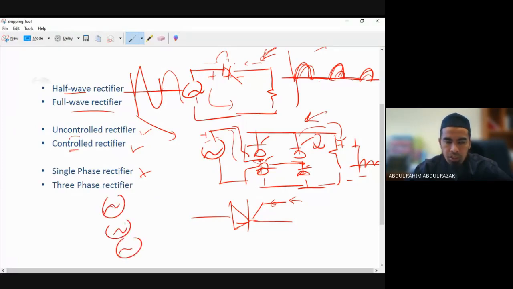We have phase A, phase B, phase C going into one system, so we have a three phase rectifier. If you have three different sources of phase A, B, C, or red, yellow, blue, it comes into your module and goes into your load. So this is a so-called three phase rectifier.